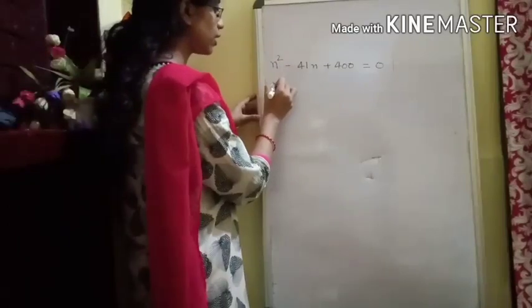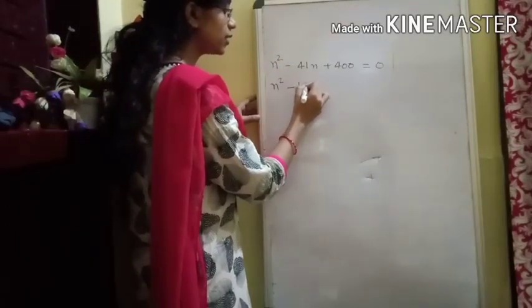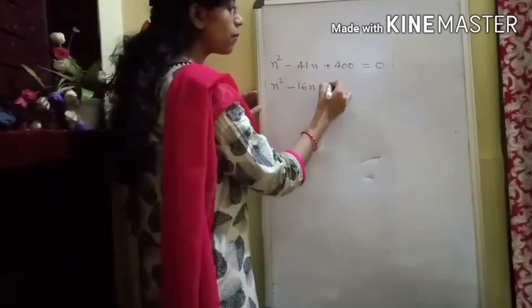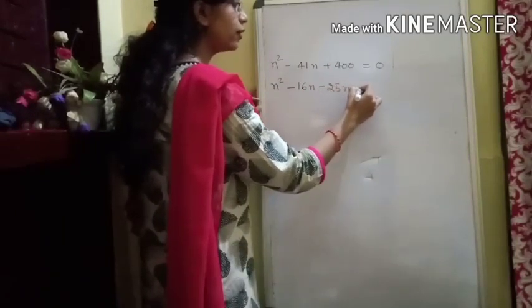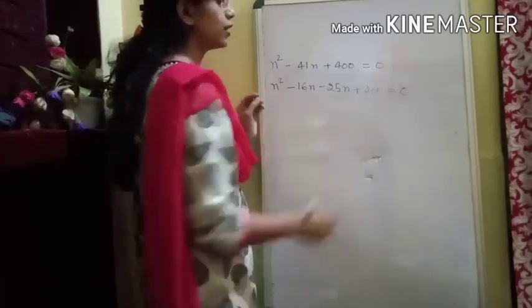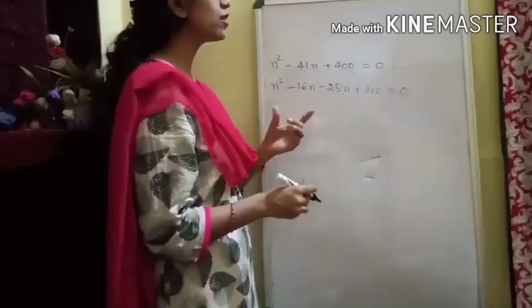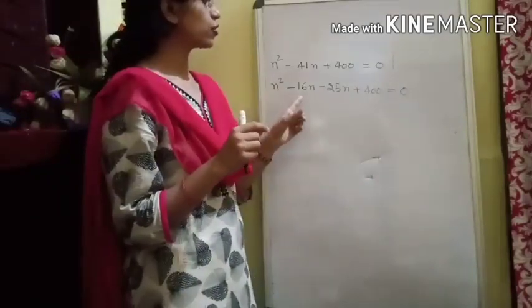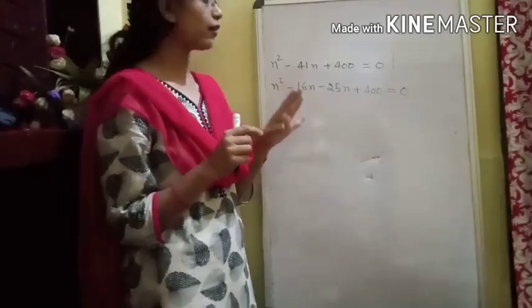So of course we will take minus 16 and minus 25. So minus 16n minus 25n plus 400 equals 0. In case you don't remember, this we have learned in factorization. I think this was your 4th exercise where we have learned this.